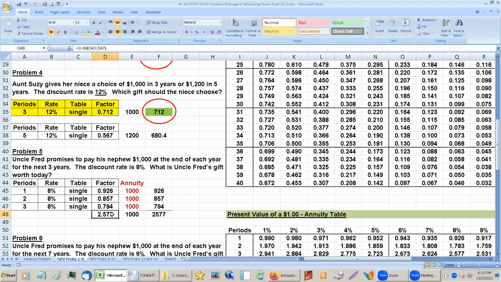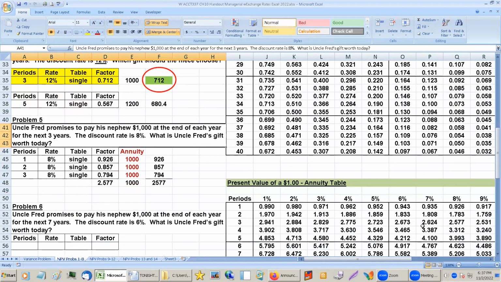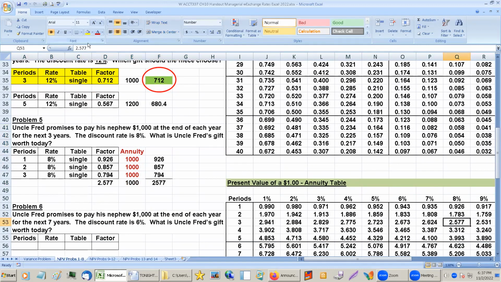So we can just add up all the factors and multiply once. And an annuity at 8% for 3 years, you'll see, is that.